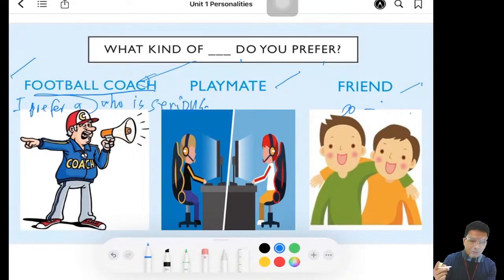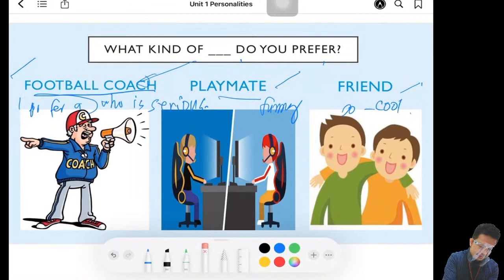Remember, we have the 9 vocabulary words a while ago. You have to use them when you describe these people. You can also say, what kind of playmate do you prefer? And you can answer, I prefer a playmate who is funny, for example. Or you can also say, what kind of friend do you prefer? You will answer, I prefer a friend who is, for example, cool.